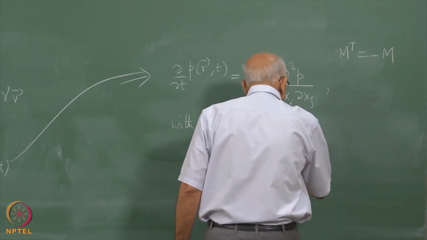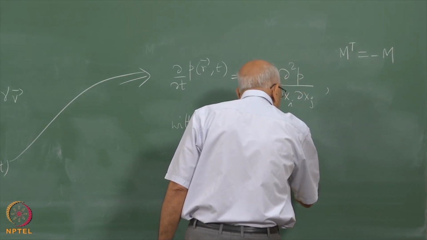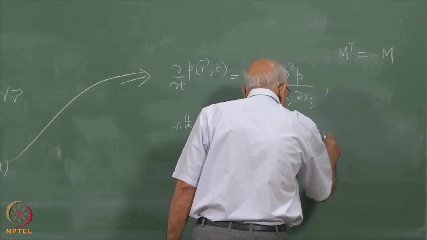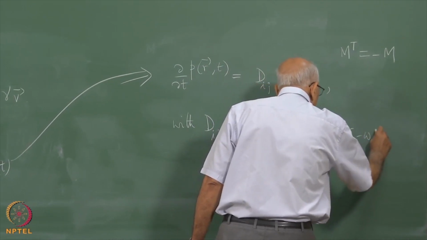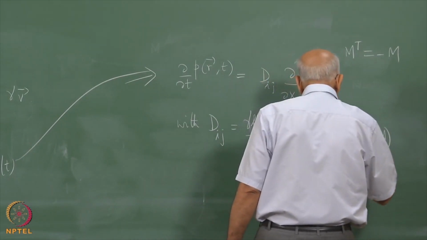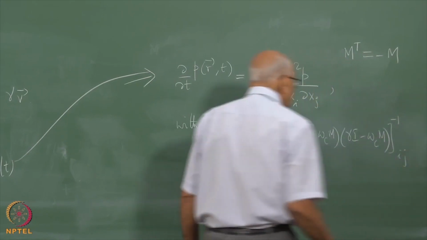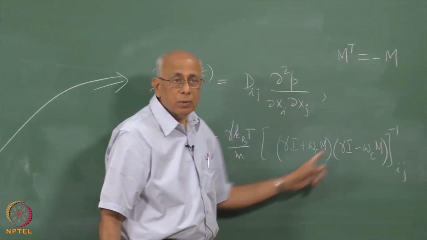The whole thing is essentially the inverse of gamma I plus omega c m, gamma I minus omega c m inverse, and then the ijth element of it. I interchange the order; it does not matter in this case, these guys commute with each other, but I interchange the order because this was on the right in the inverse first and now it is brought to the left.